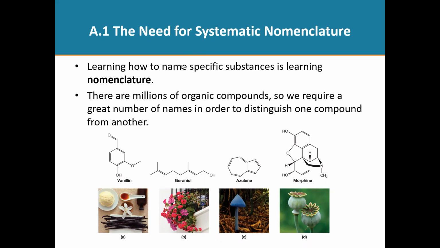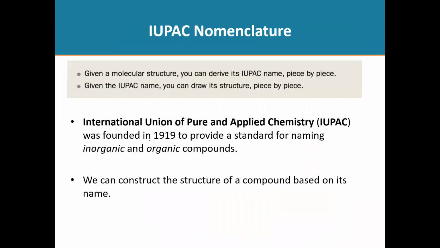Otherwise, I'll give you a made-up example. We could have a 4-carbon compound, 1, 2, 3, 4. This is butane, but let's just say someone in a different area, it doesn't have to be a different country, just a different institution, wanted to call this something else. This is just an example of why we have a common naming system, nomenclature.